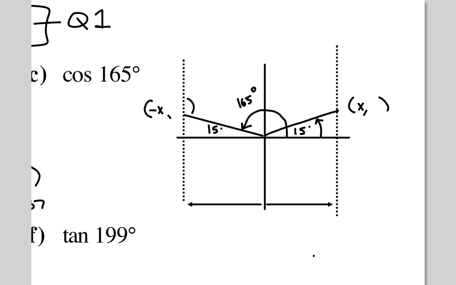So for cosine of 165, way over on the left, and the cosine of 15 over on the right, they have the same x position, it's just different sign. So the distance is the same, but different sign. So how do they relate to each other? Well, cosine of 165 would equal the negative of cosine 15. Okay, so I think we'll stop. We don't need to do 3 more of those. They're all very similar.